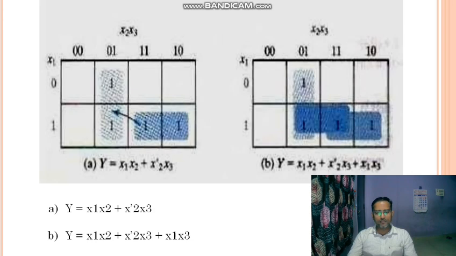A 1 to 0 transition is a static 1 hazard. Then when 2 or more delays happen, that is a dynamic hazard. So all three hazards are illustrated in this diagram. This is the best example.